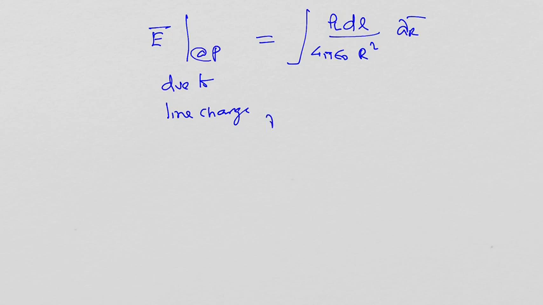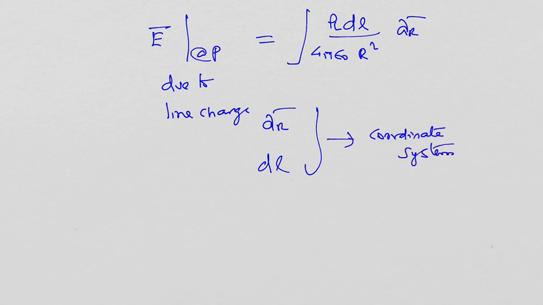Because the unit vector AR and the differential length dl will be different for different coordinate systems. These two will definitely depend on the coordinate system.